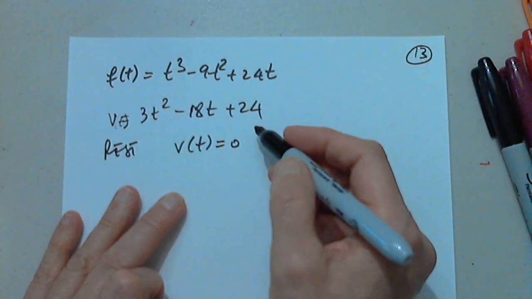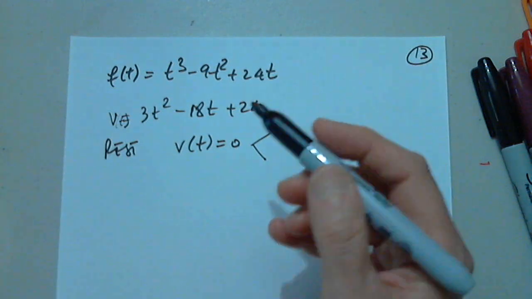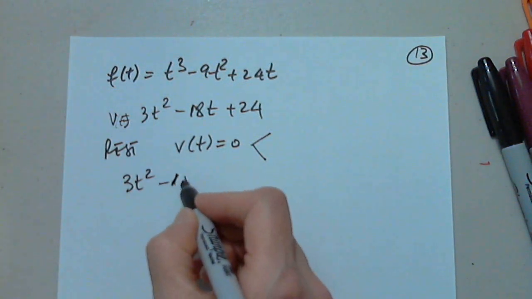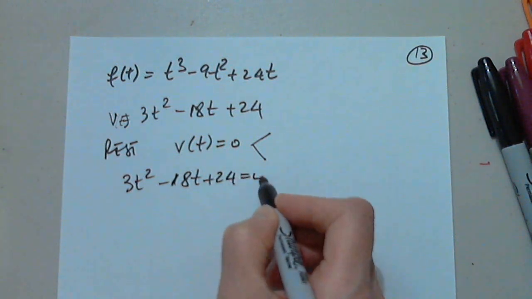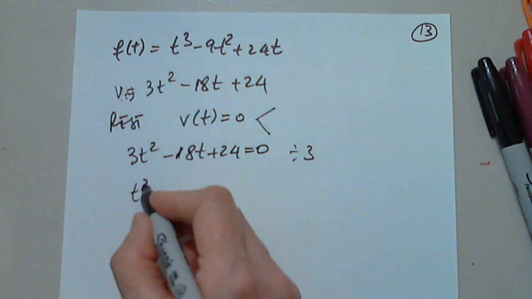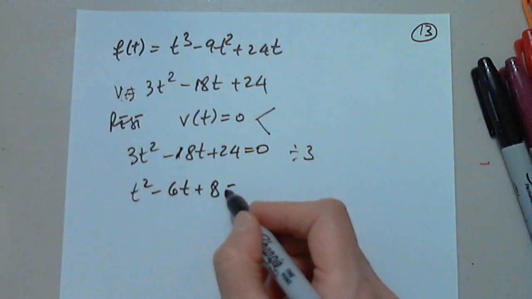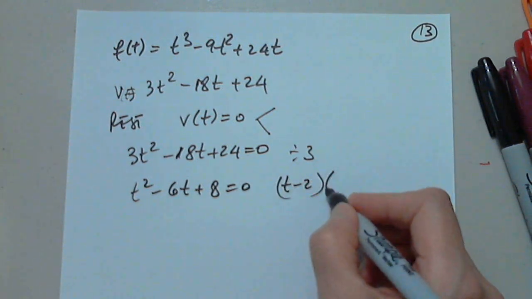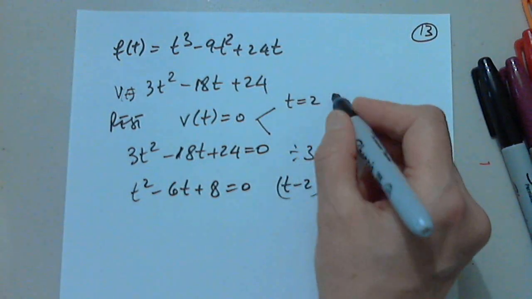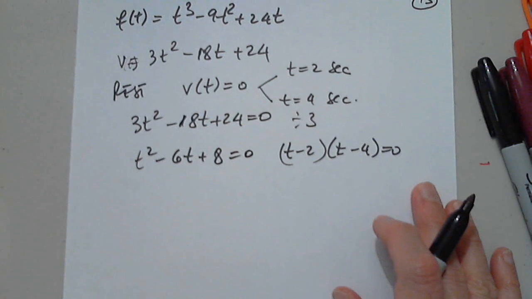You can use the calculator, or just simplify and factor. 3t squared minus 18t plus 24 equals 0. I will divide both sides by 3, and I get t squared minus 6t plus 8 equals 0. So t minus 2 and t minus 4 equals 0. So I get t equals 2 seconds. Do not forget the measurement unit, please, and 4.